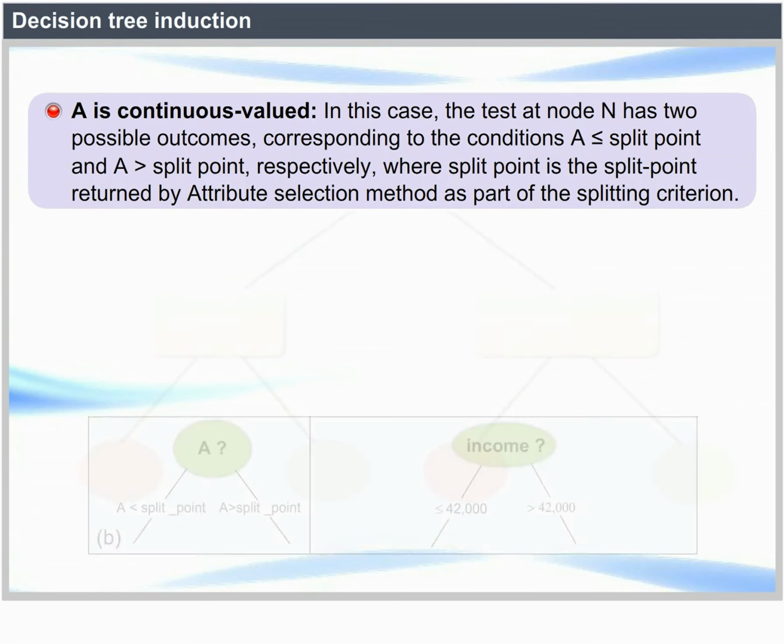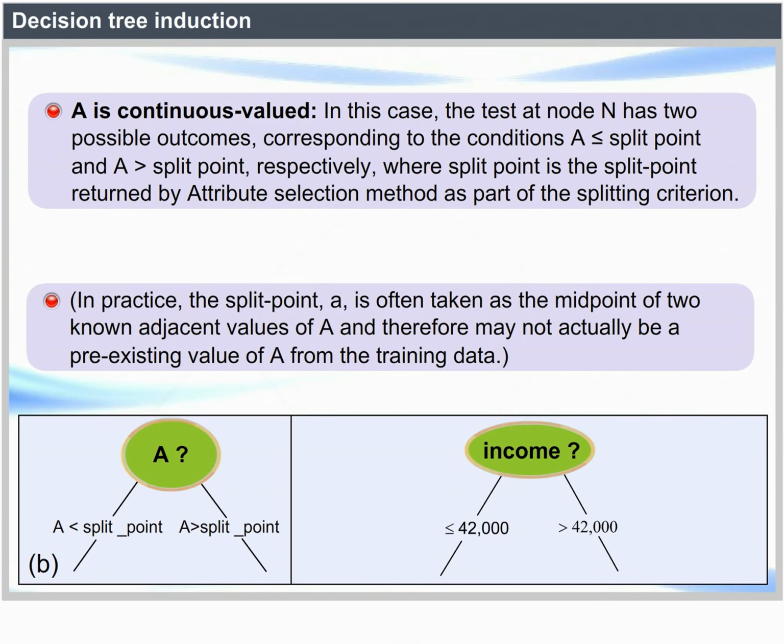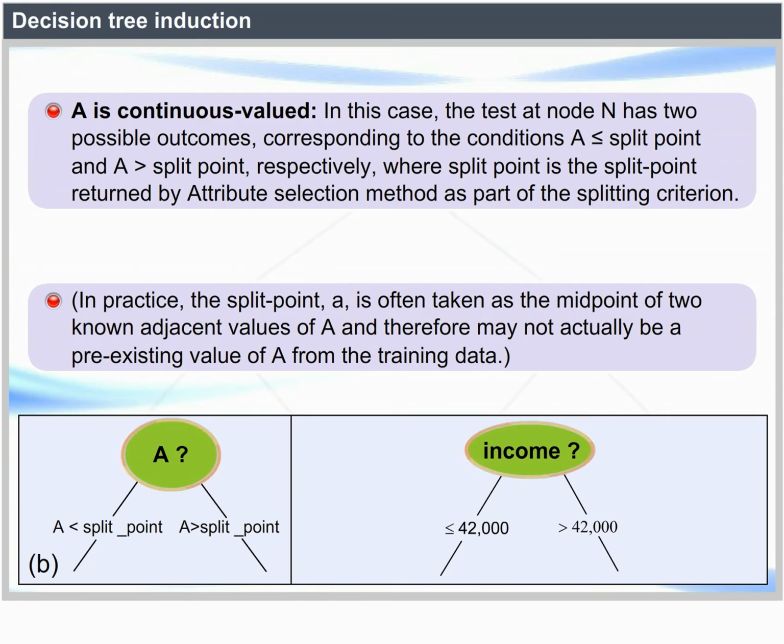A is continuous valued. In this case, the test at node n has 2 possible outcomes corresponding to the conditions A less than or equal to split point and A greater than split point, respectively, where split point is the split point returned by attribute selection method as part of the splitting criterion. In practice, the split point of A is often taken as the midpoint of 2 known adjacent values of A and therefore may not actually be a pre-existing value of A from the training data.